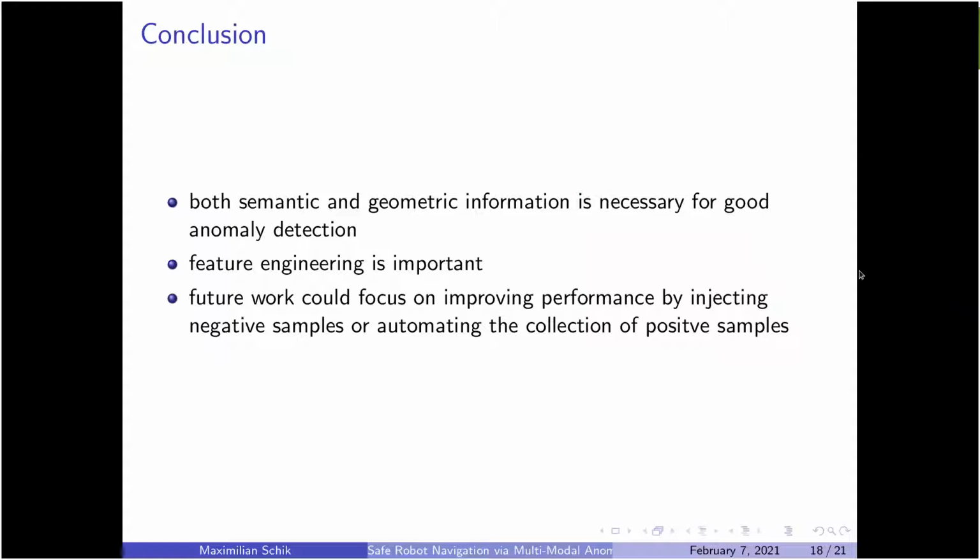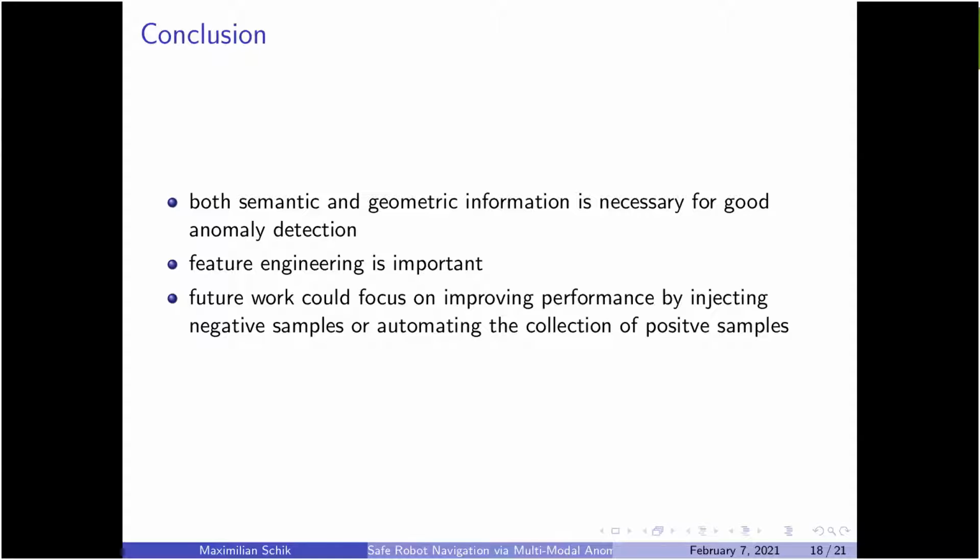This already leads us to the conclusion. We now know that both semantic and geometric information is necessary for good anomaly detection. We also know that feature engineering is important, so we can't just leave that out.